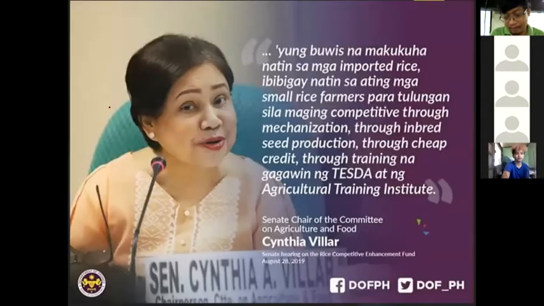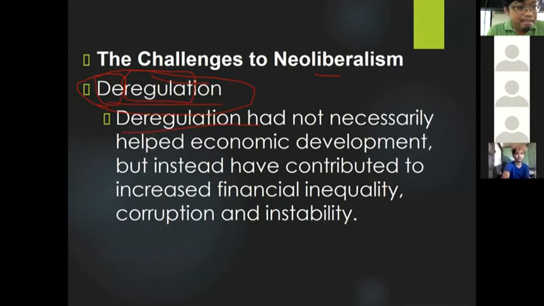Another example of deregulation is yung deregulation ng tuition fees of universities. In the 1990s, kinokontrol ng gobyerno ang tuition fee ng mga private universities. Ibig sabihin yan, hindi basta-basta nag-a-adjust ng tuition fee ang mga private universities kung hindi papayagan ng gobyerno. But because of the deregulation of tuition fees of private universities, these private universities were given certain independence in terms of the management ng kanilang presyo ng tuition fees.